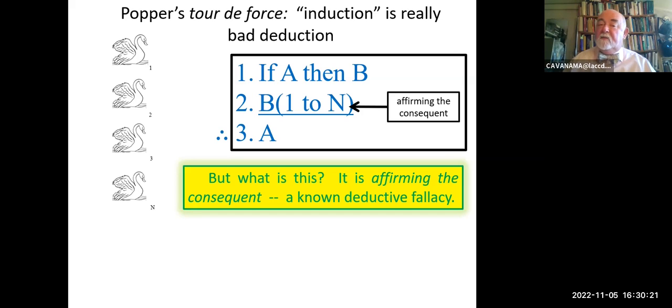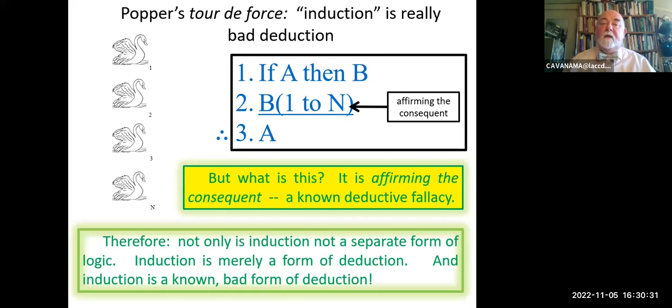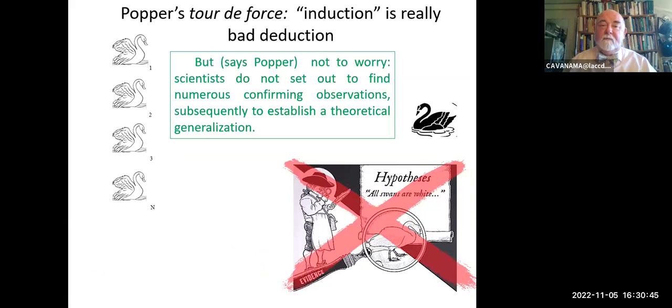If I take a conditional statement, if A, then B, and then my minor premise affirms B, what am I doing? B is the consequent, I'm affirming the consequent. Seen this before. Therefore, major conclusion. Not only is induction not a separate form of logic, it's merely a form of deduction, and it is a known bad form of deduction.